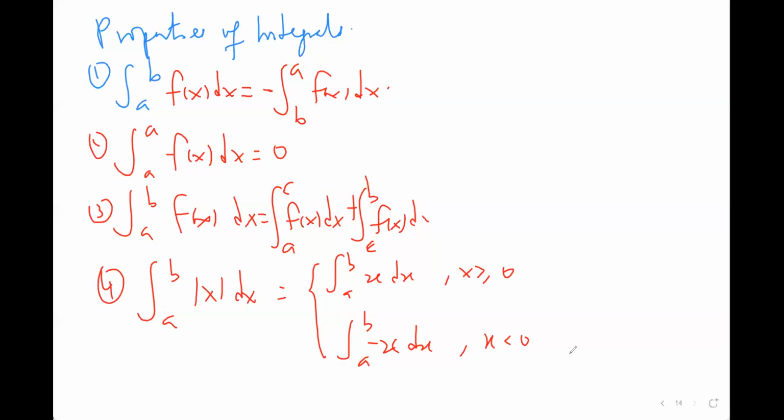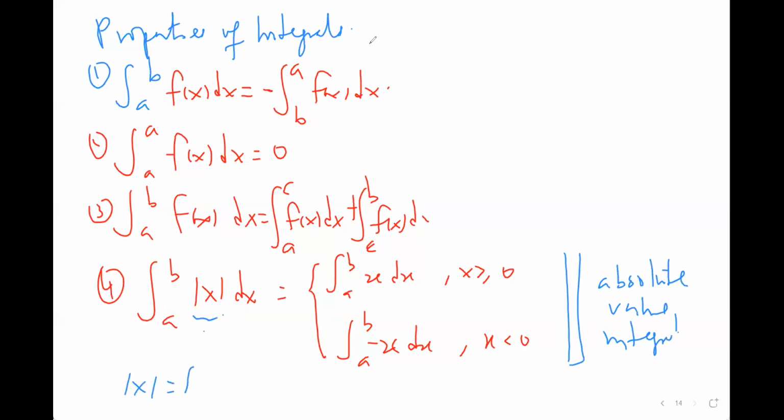Okay, then finally, one part I wanted to talk about is absolute value integration. So if you want to find the integral of an absolute value, you can always write the absolute value as x for x positive and minus x for x negative.